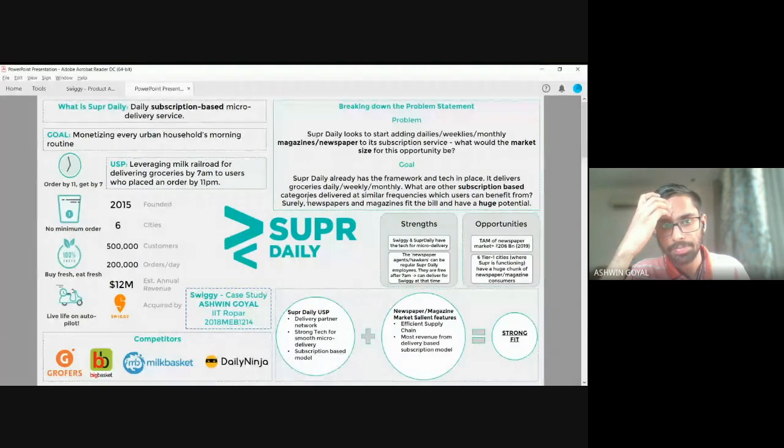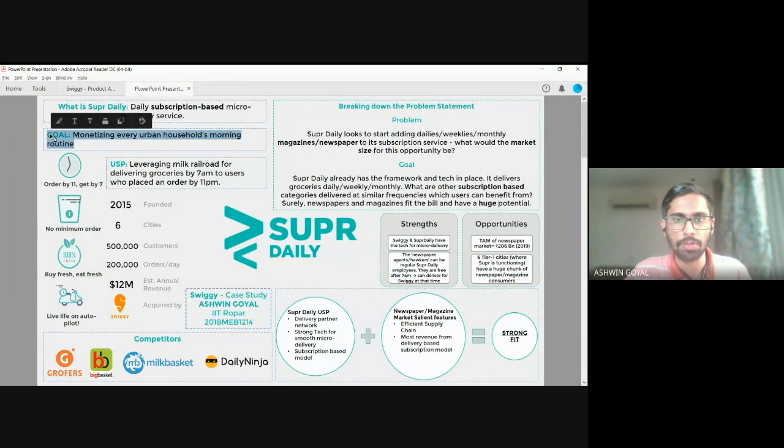And first I explained what Super Daily was, and what the goal was. Now I've followed something similar to the CIRCLES framework. I've written what is Super Daily, then I've identified the goal of Super Daily. How is it different from other similar players in the market? What is the USP?